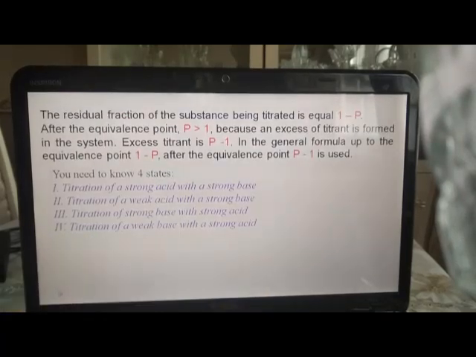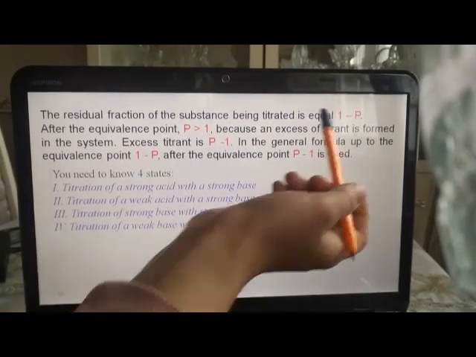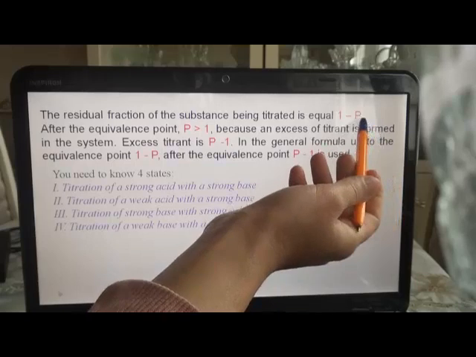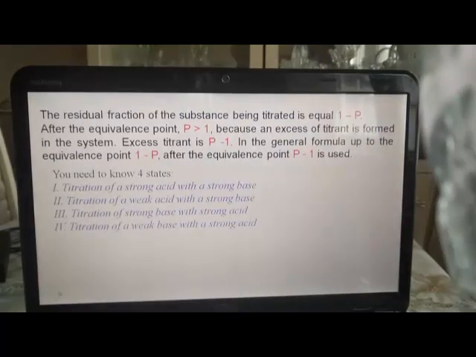The residual fraction of the substance being titrated is equal to 1 minus P. After the equivalent point, P is more than 1, because an excess of titrant is formed in the system.